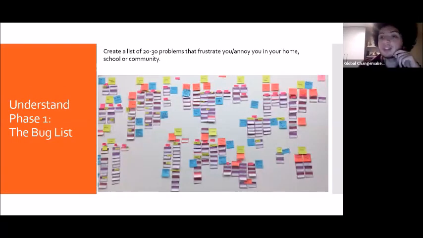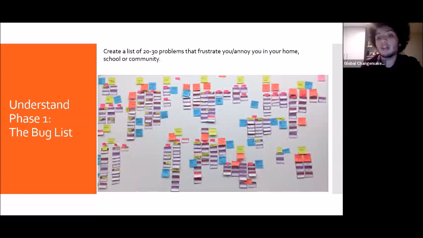So, secondly, and this is what I like to call phase one, the bug list. What happens is you sit with your friends or by yourself and say, I've got 20 to 30 problems that annoy me most in my community, in my home, in my school, that I think are big problems that should be tackled in some way.